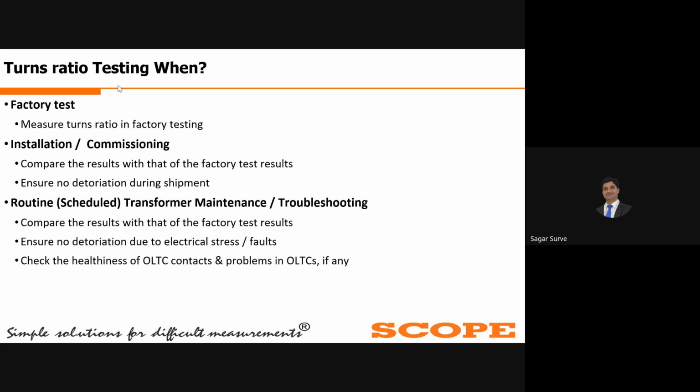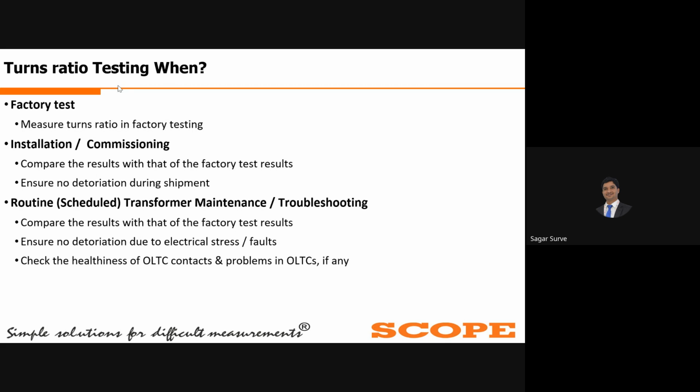And during installation or commissioning, we have to conduct the test before commissioning. We have the factory test results, and we compare the factory result and the site result to ensure there is no deterioration during the shipment of the transformer.